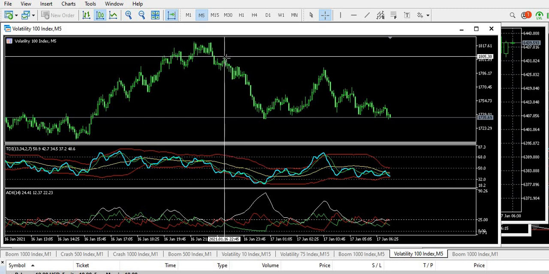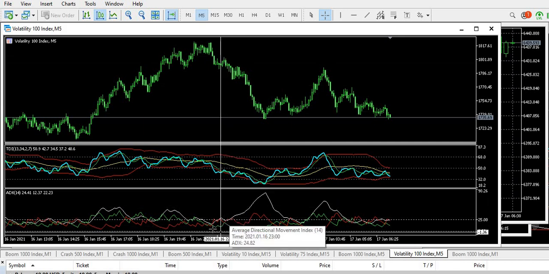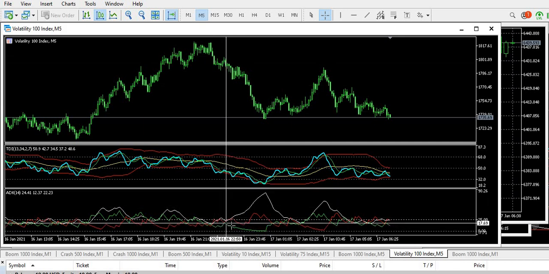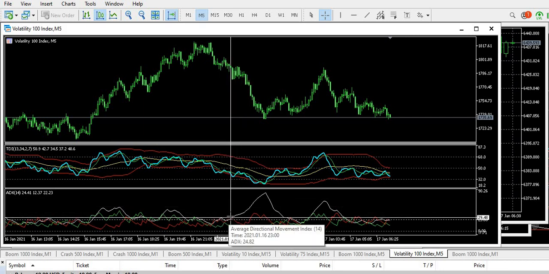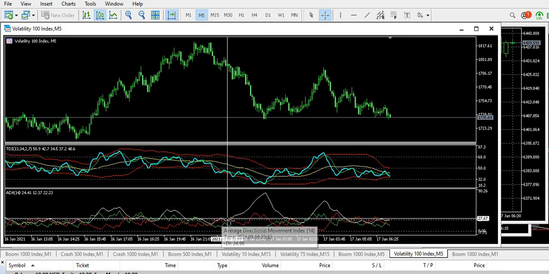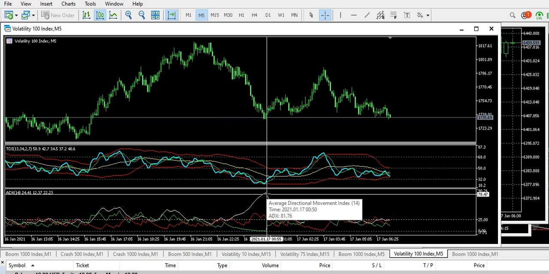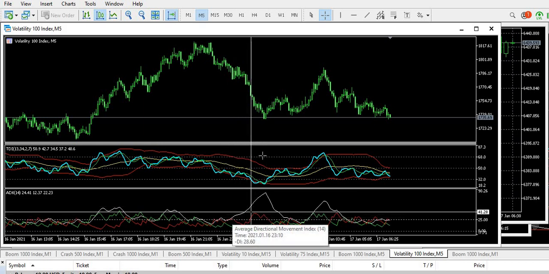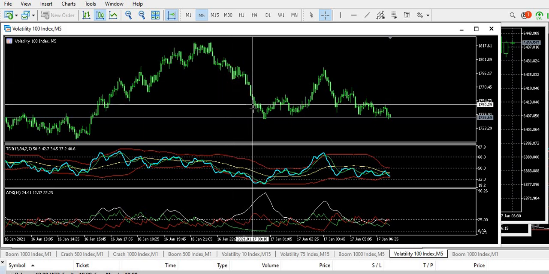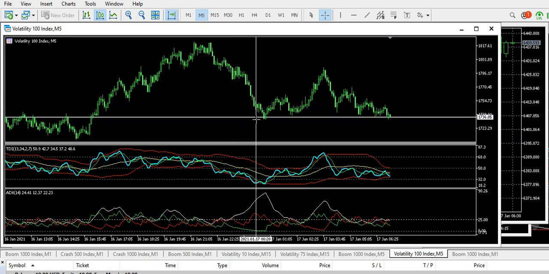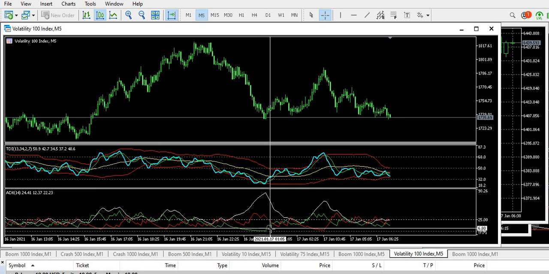As the green one had clearly shown you that it is below, the red one is on top, and now the white line is getting the momentum. So at this point it was clearly a downtrend. You rode all the way until at least this point here.